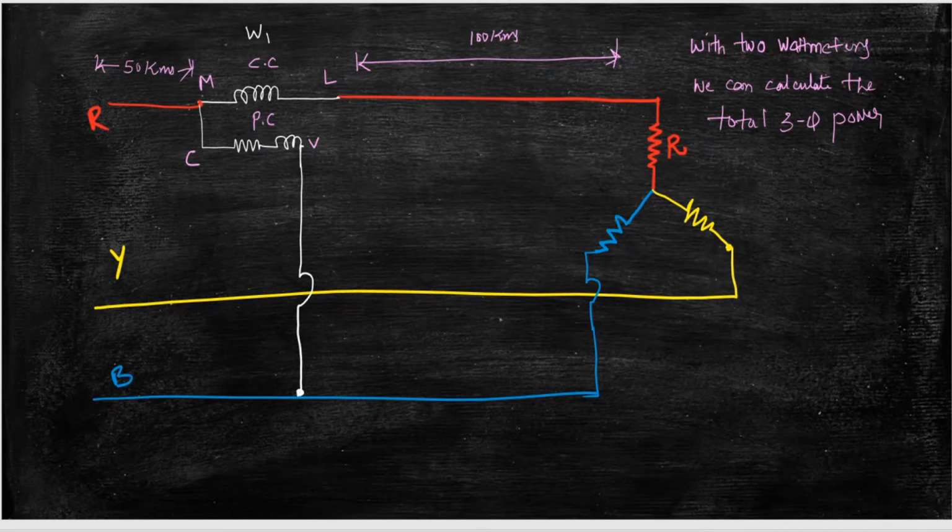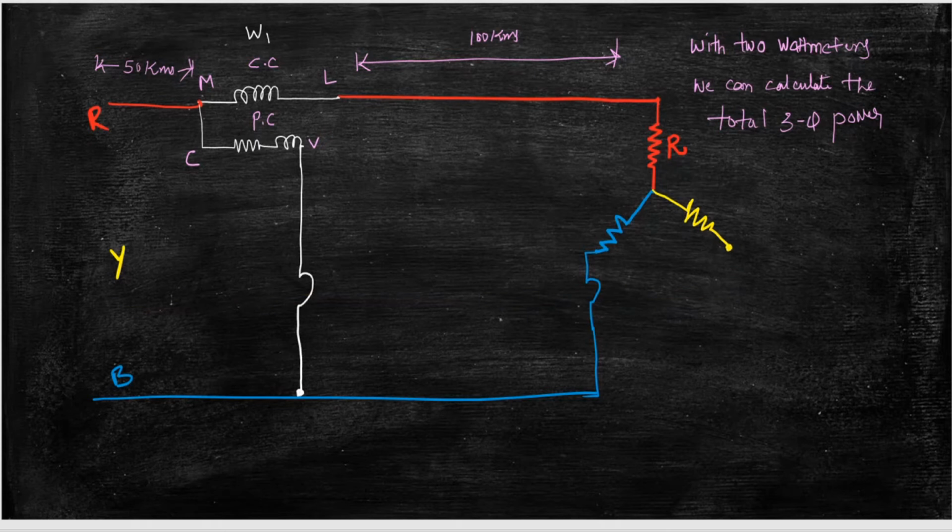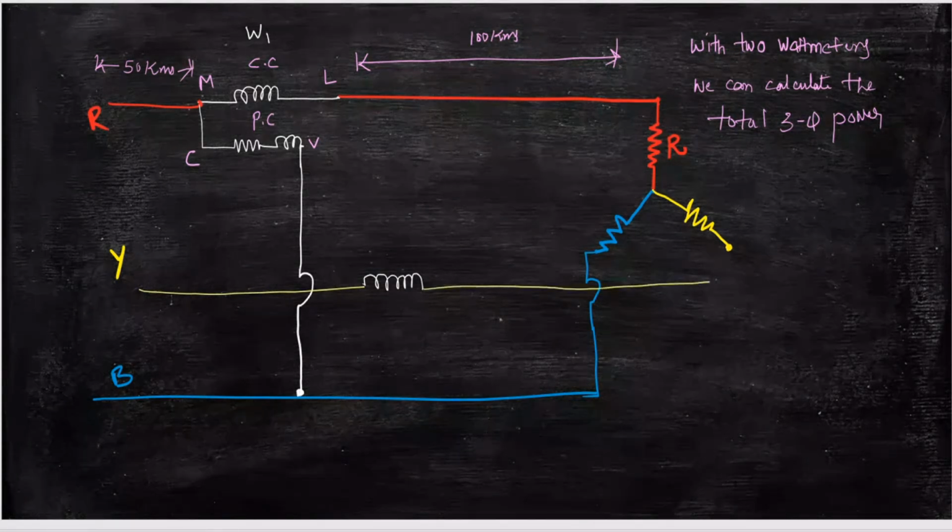Similarly, I have this Y phase. I will connect a wattmeter current coil to this Y phase, and the pressure coil between Y and neutral.